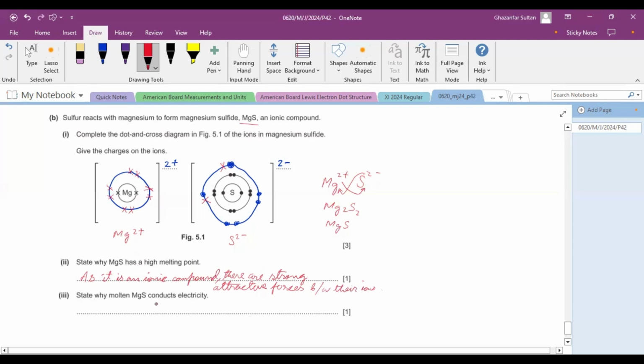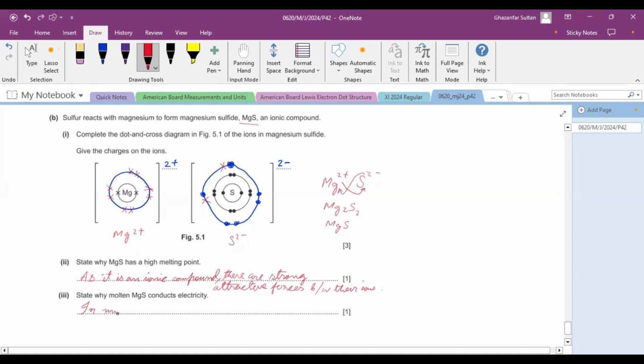State why molten magnesium sulfide conducts electricity. As it is an ionic compound, in molten state it contains movable magnesium and sulfide ions.